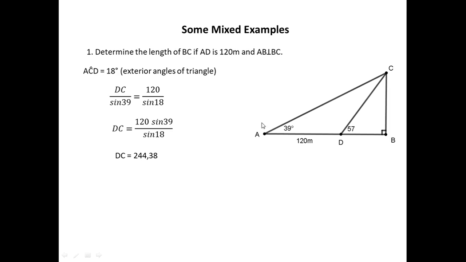Now that we have DC, you will notice in triangle BCD, that is a standard right-angled triangle, so we can use a standard trig ratio to work out the length of BC. If I've got this angle here, and I know the length of the hypotenuse, and I'm trying to work out BC, which is opposite to angle 57 degrees, that means I will have to use sine.